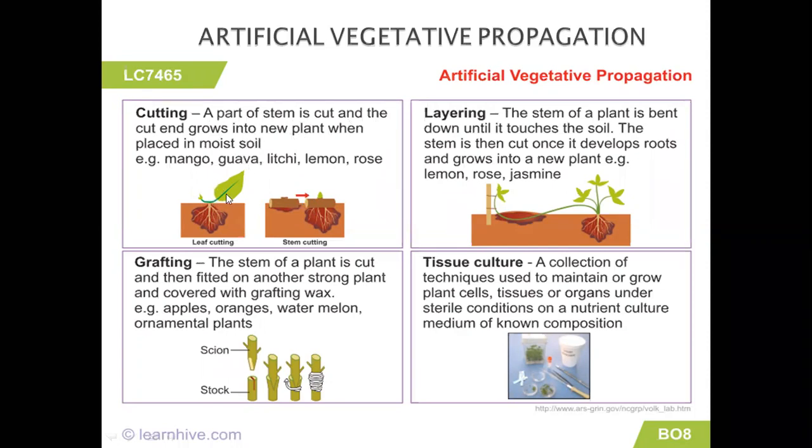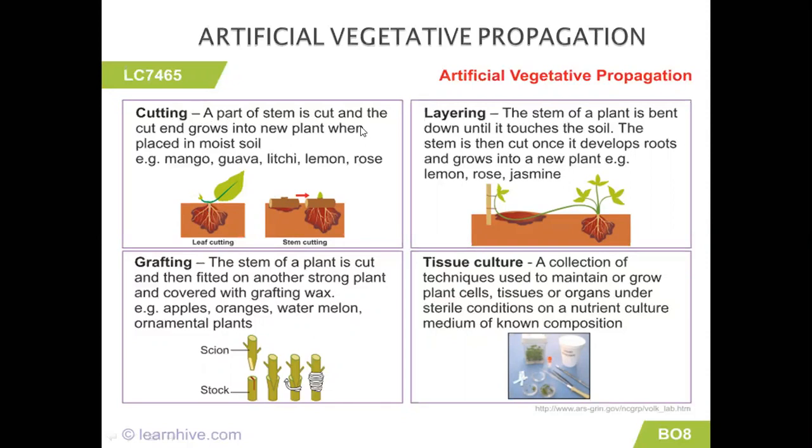You can see that from here I cut one leaf and then placed it in a new place, in new soil where it grows. Simply, you can say, cut one part from one plant and then place it in a new area where it will grow. It is known as cutting.